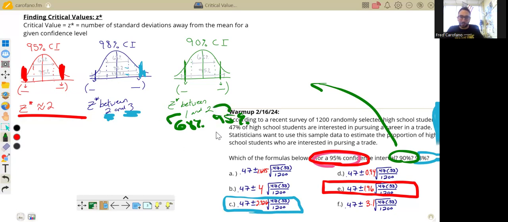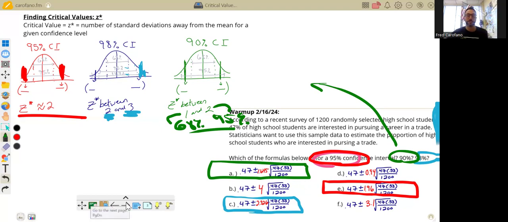So our Z star has to be between 1 and 2, which means this shows the critical value for 90% confidence. So we can use the empirical rule to eliminate options in this multiple choice scenario. But that still leaves the question, what if it wasn't multiple choice, or how do we actually get that 1.645 or 1.96 and so on?